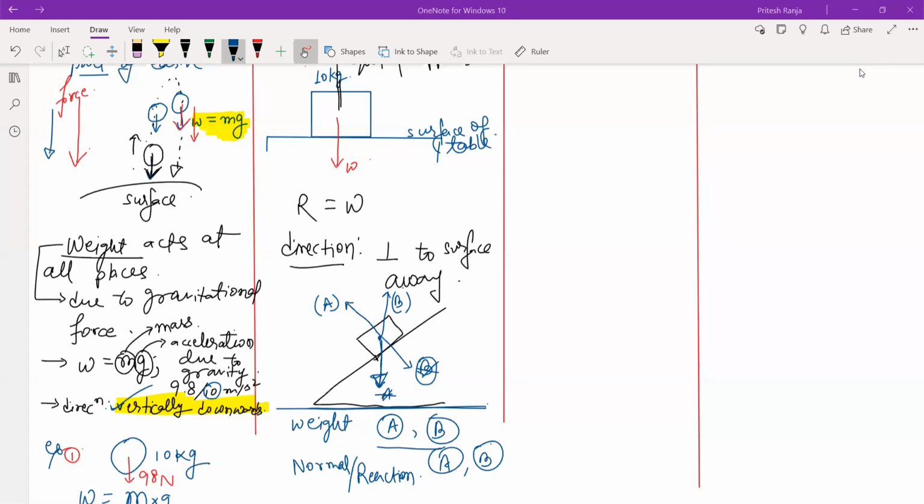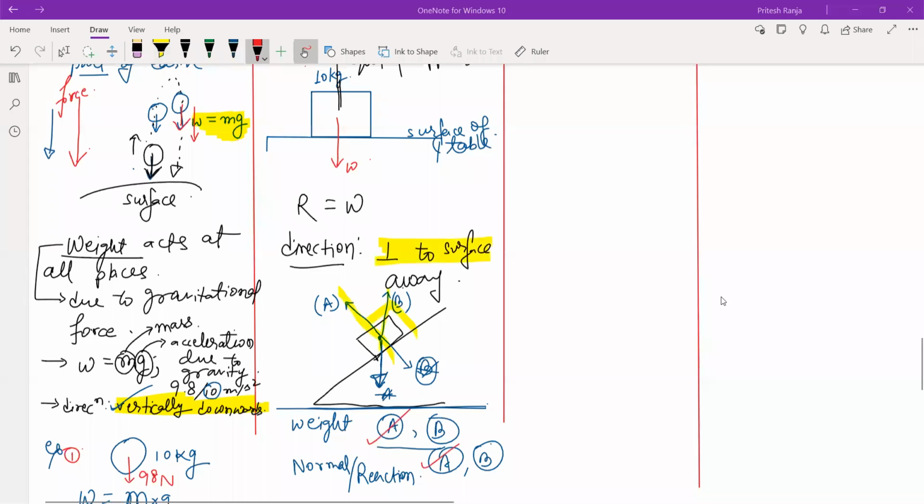ध्यान रहे normal force का मैं यहां लिख दिया हूं। What will be the direction of normal force? Perpendicular to the surface. तो इन दोनों force में perpendicular क्या है? ये है ना perpendicular, so A will be right. Normal force A और weight भी A, right?